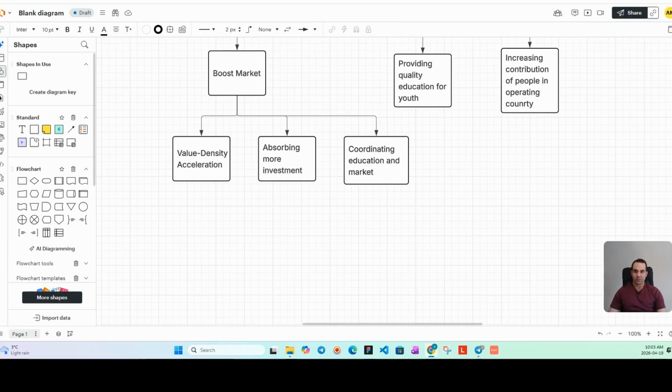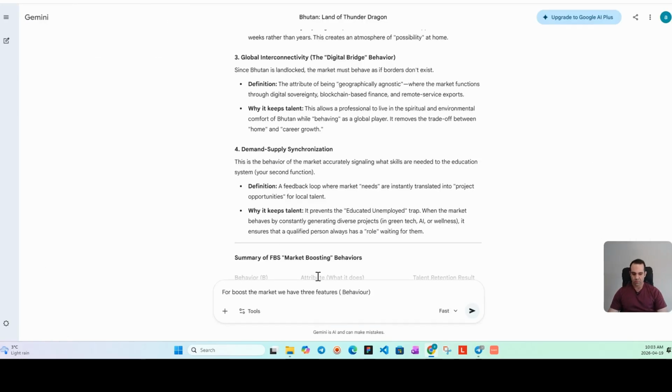We need to increase value density acceleration.